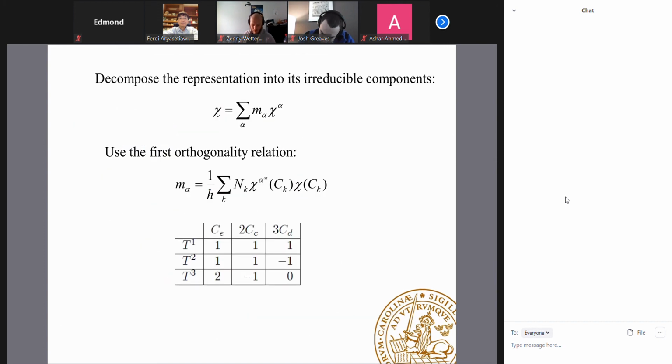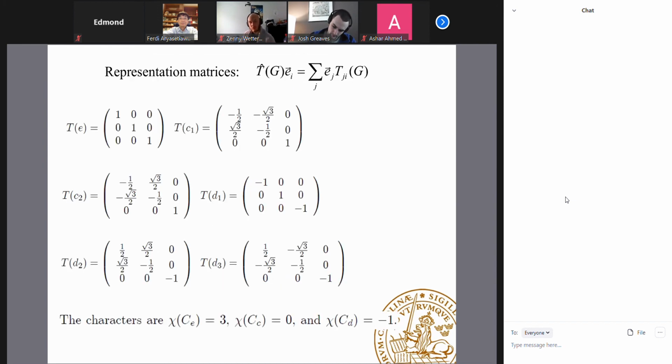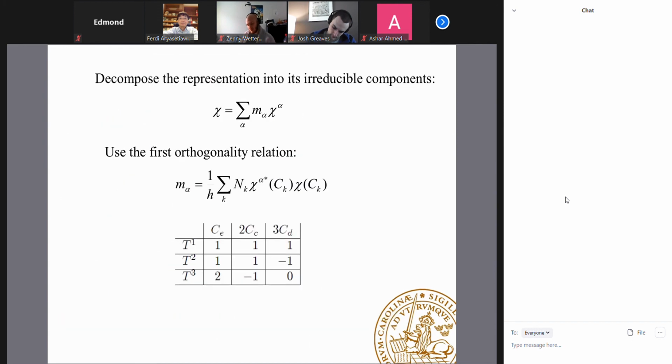So now we want to decompose this representation into its reducible components. Of course, we can already look at this directly, but we want to do this in a more systematic way. So we will apply the orthogonality relations to decompose the representation into its irreducible components.